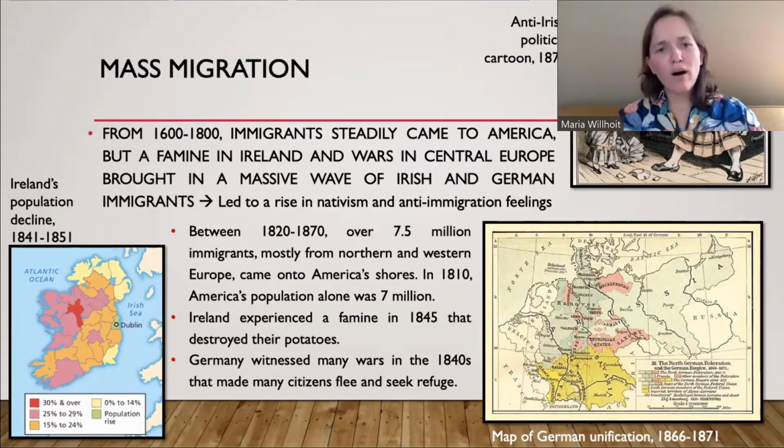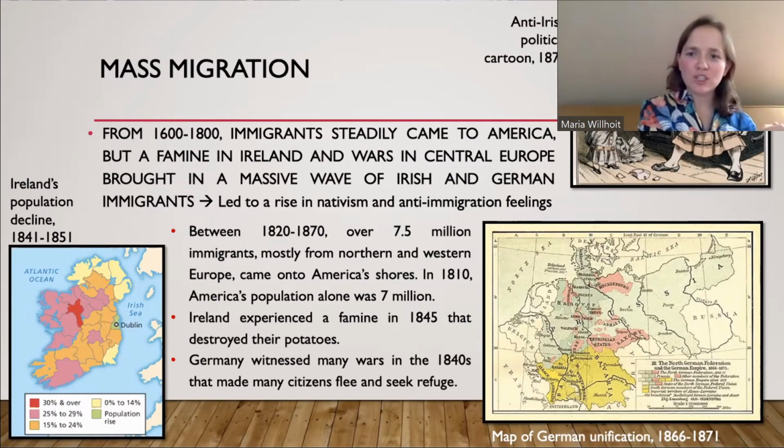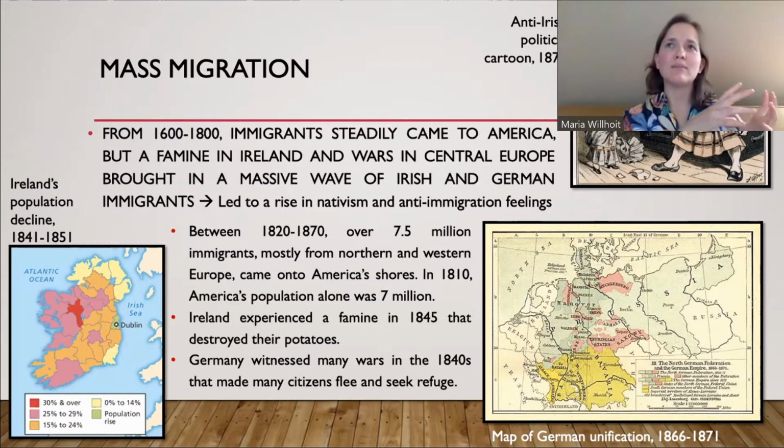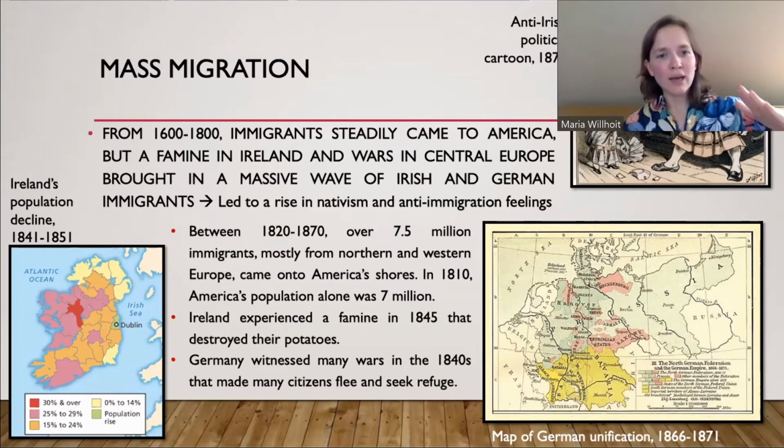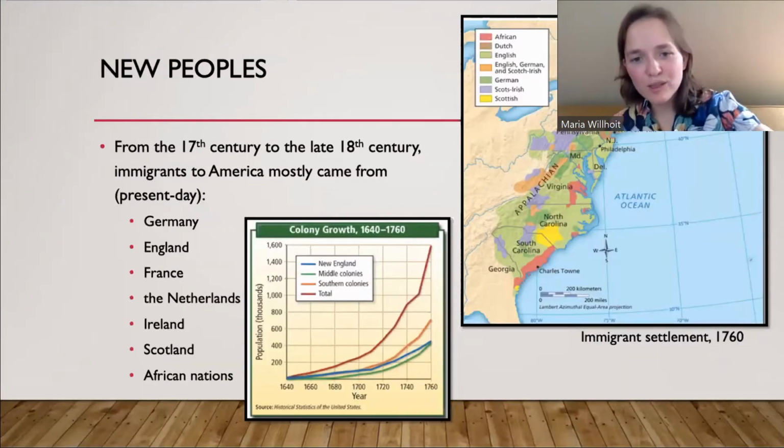But to move on from the migration that we had from the 1600s and 1800s, immigrants steadily came to America. As you see in that map before, it starts to peak at 1760 right here.